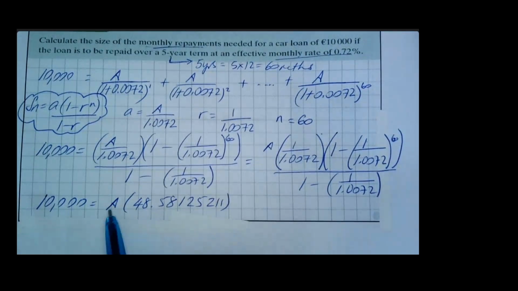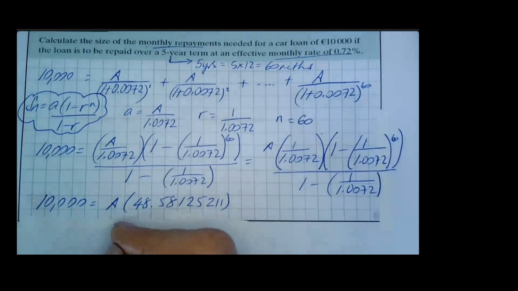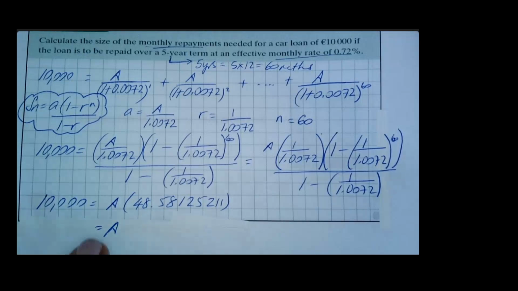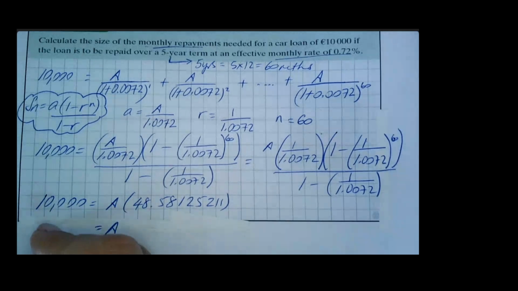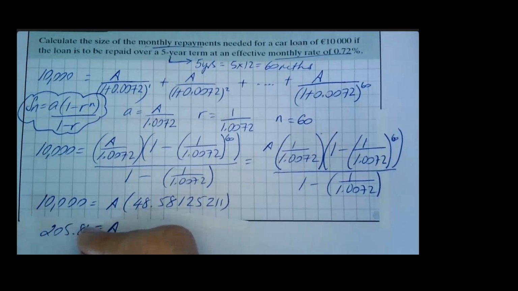So I'm getting that multiplied by A, and of course now to get A on its own, I'm going to divide both sides by the 48.58125211. Keep the whole thing, don't round too early in any calculation, wait till the very end. So 10,000 divided by that gives me 205.84.